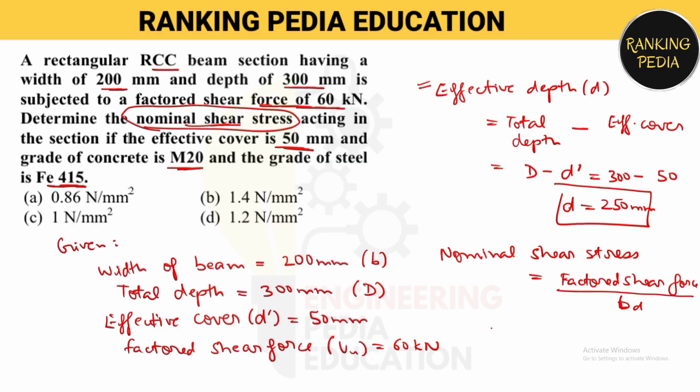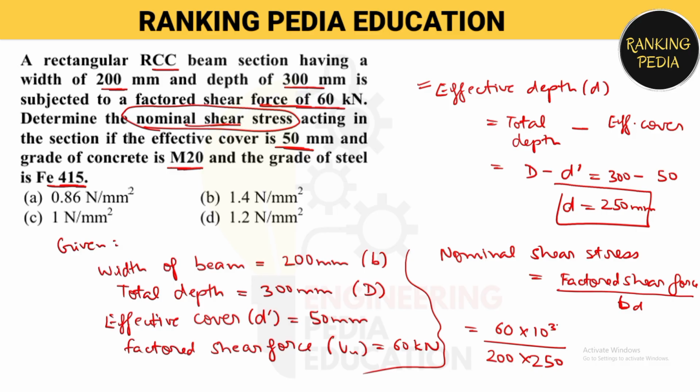So the nominal shear stress: the factored shear force is 6 kilonewton, so 6 into 10 raised to the power 3, divided by b, the width of the beam, which is 200 millimeter, into d, the effective depth, 250 mm.